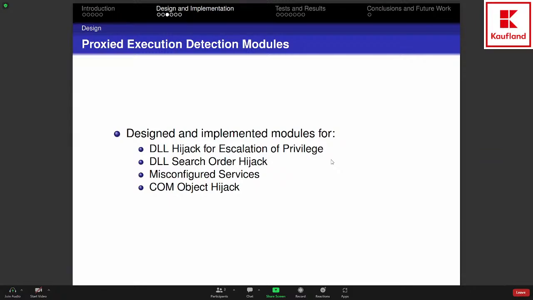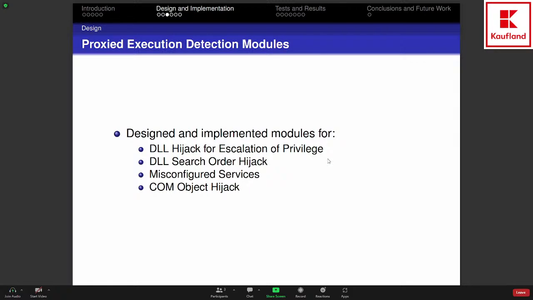We proposed and implemented detections for that list of scenarios. I'm going to describe two of them. So we have DLL hijack for escalation of privilege. As I said previously, that scenario when a malware writes a DLL which is loaded, which then tricks an elevated process into executing it.